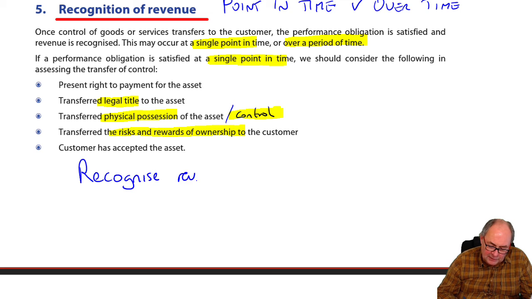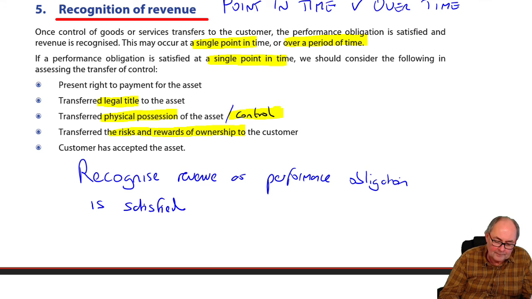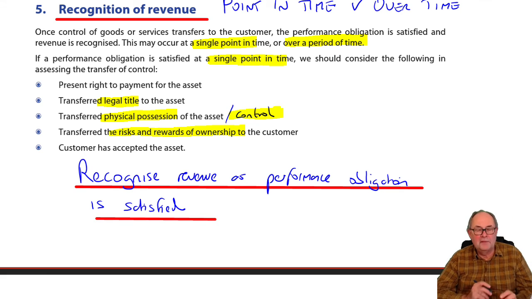Recognise revenue as, here's the key word, the performance obligation is satisfied. So there's a review of the 5-stage revenue model.